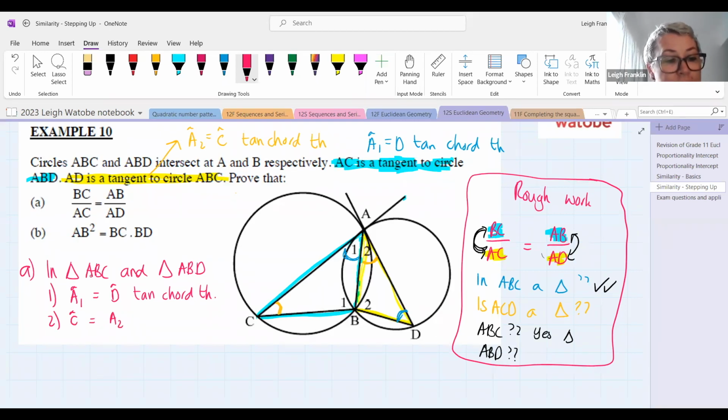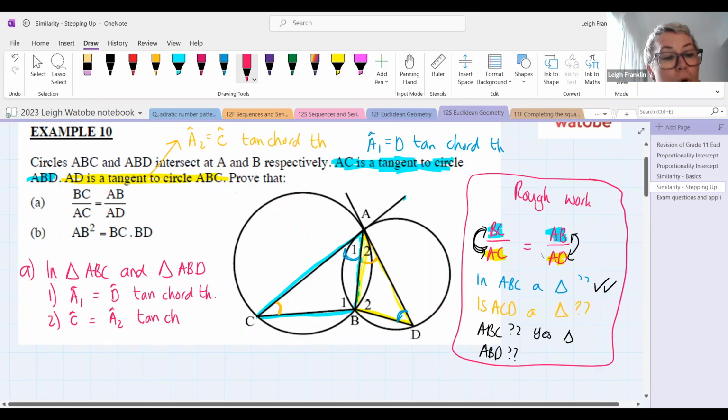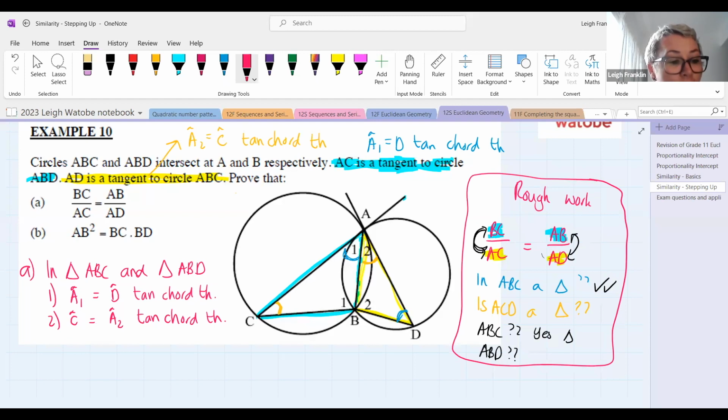Do you see how nice and easy it is if we use color? Okay, again, tan chord theorem was our reason. Now we're going to go back to the blue triangle. So we're starting with the blue triangle each time. There we've got angle B1, and it corresponds with angle B2 in triangle ABD. And this is the angles of a triangle add up to 180 degrees.